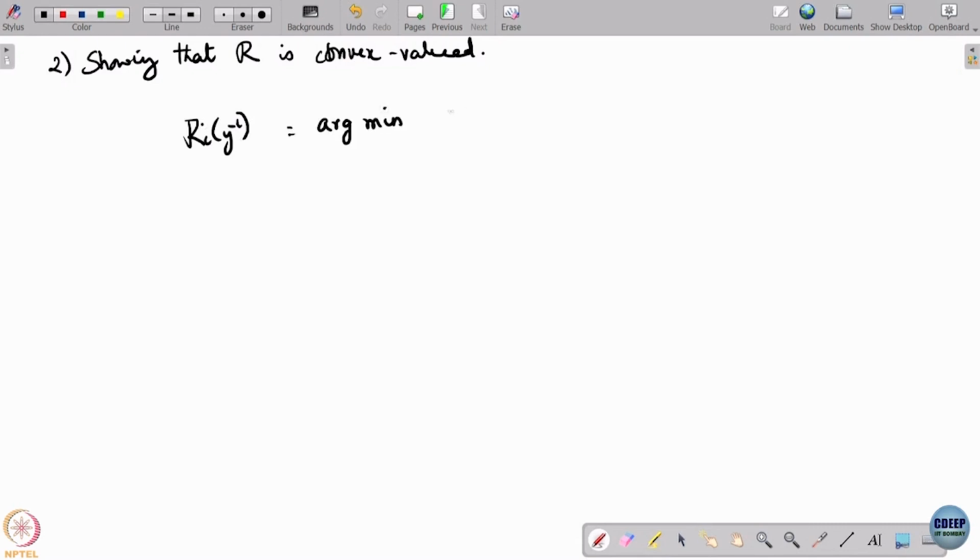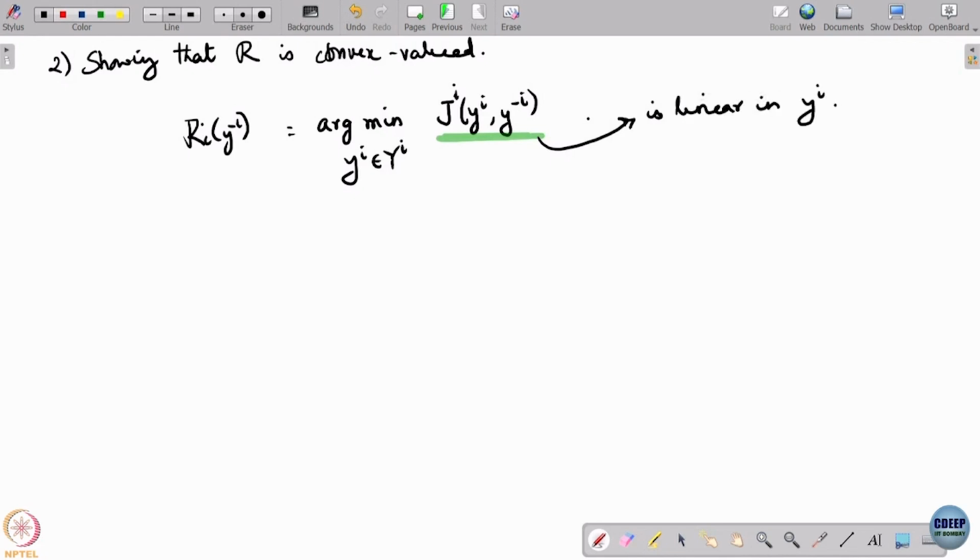It is the argmin of Gi of this over yi in capital Yi, and this expression is linear in yi.